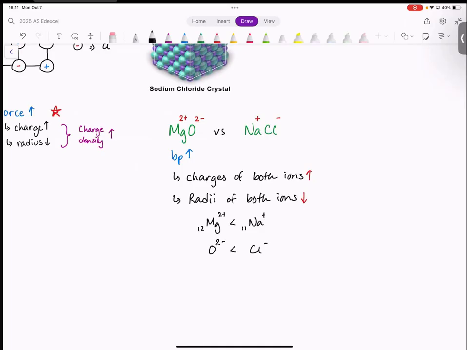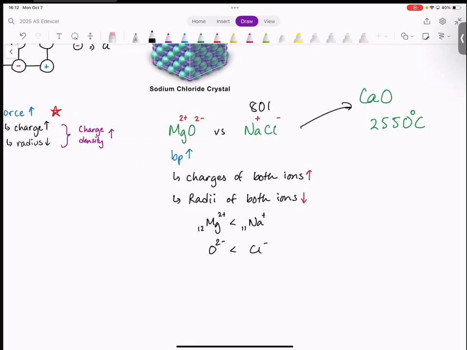if I give you an example where, instead of magnesium oxide, I give you, let's say, calcium oxide. Calcium ions are actually larger than Na+. If I show you the melting point of calcium oxide is around, let's say, don't quote me on this, around 2515 or 2500. Sodium chloride is only 801.